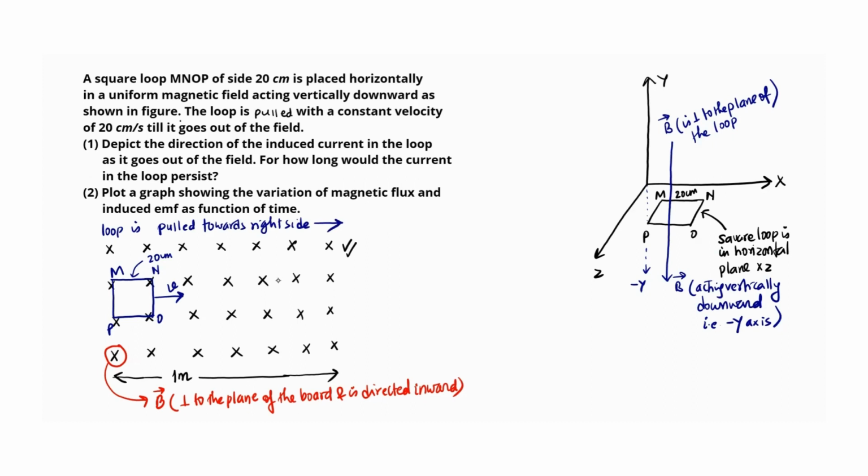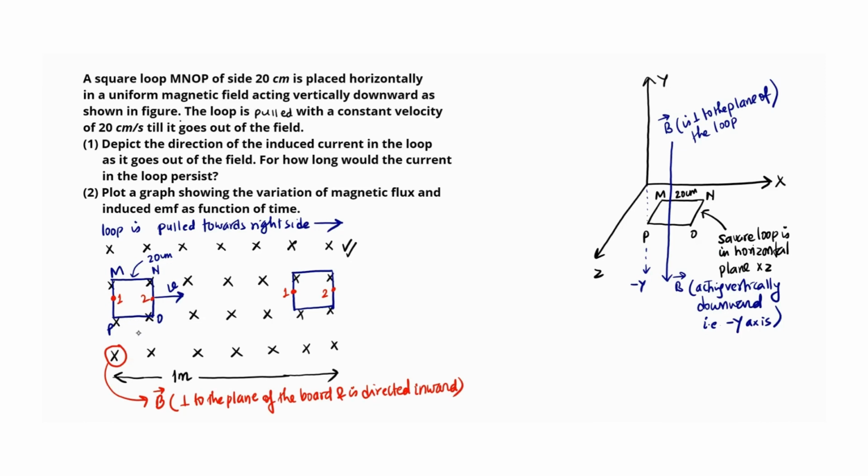Let's say the loop is at this position. I'm indicating this face as 1 and this face as 2. So this is face 1 and this is face 2.